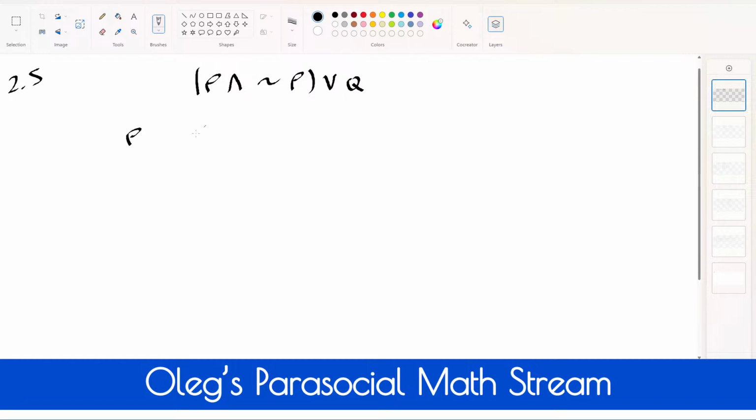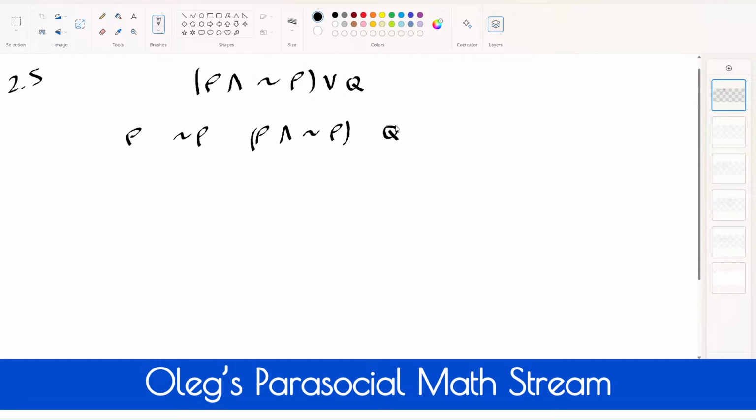P, Q. Actually, no. I'm going to go like this. P. I'm just doing this to make it easier for me to read. And you can organize them any which way you like. Doesn't matter as long as the final result is correct.